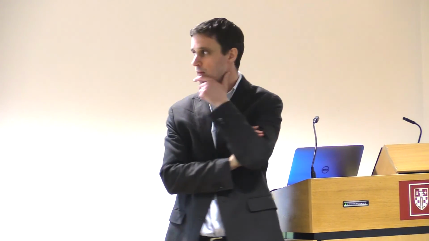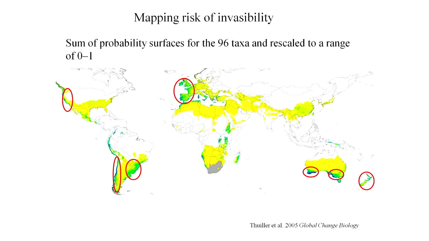These kind of type 3 predictions. Well, if you allow the species to arrive there, then these are the environments that you would expect the invasion to occur into. So one thing that they did was take all of those species that they'd modelled and kind of layer them all on top of each other and come up with a more kind of grand conclusion for a map of the risk of invasibility for South African plants in other parts of the world.